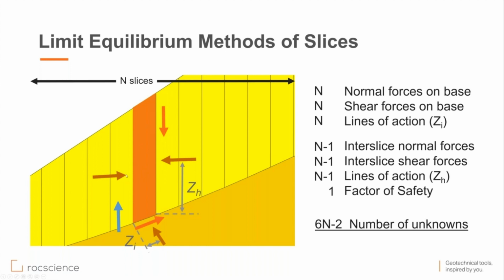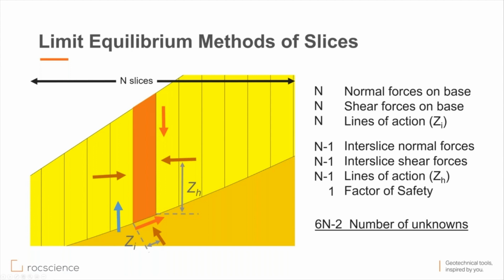Now, for each slice, there are inter-slice forces, as we call them. These forces are inclined at some angle, and we resolve them into shear components and normal components. Then there are forces acting at the base of the slices. And remember, the base of the slice is the failure surface. So there are forces acting at the base of the slices, which again we resolve in analysis. So we're going to talk about that in a little bit.